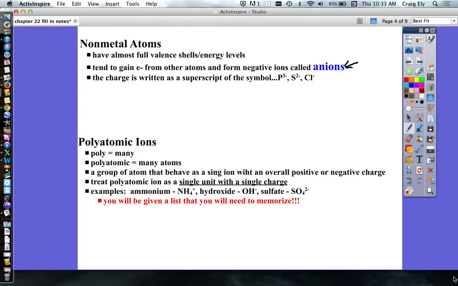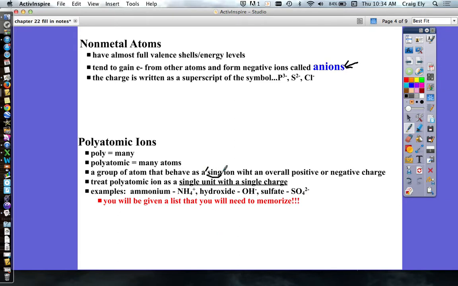Now, a new thing that we are going to have is called a polyatomic ion. Poly meaning many, atomic, of course, meaning atoms. So a polyatomic means many atoms, okay? And a polyatomic ion is a group of atoms that behave as a single ion.